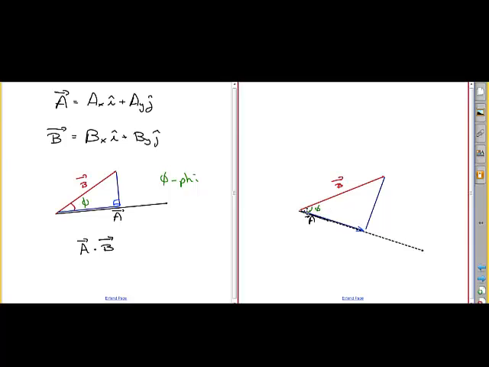So this blue vector here is going to be A dot B again. So that's what happens when one's shorter than the other in that direction.